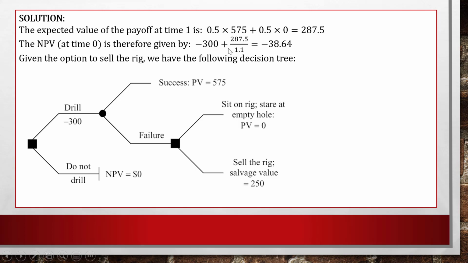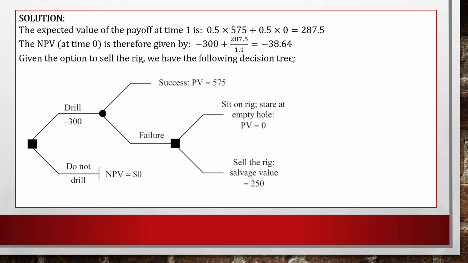So it's minus 300, this is minus the initial investment. 287.5 is the cash flow, and the present value of this cash flow is divided by 1.1 because we consider interest. The cost of capital is 0.1. See that? So we get negative 38.64. Given the option to sell the rig, we have the following decision tree.